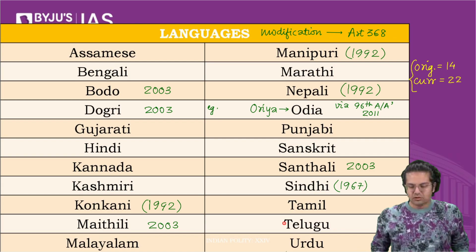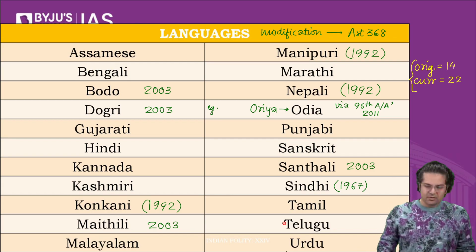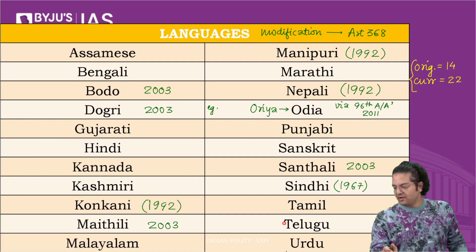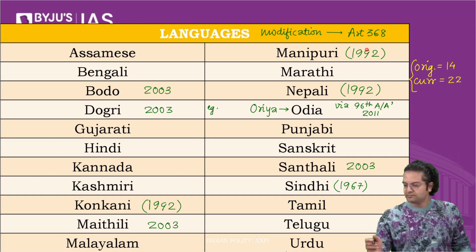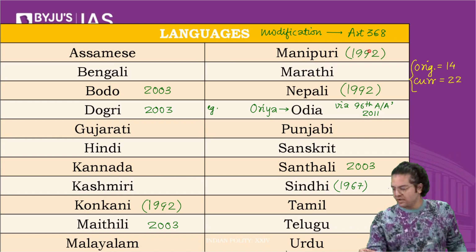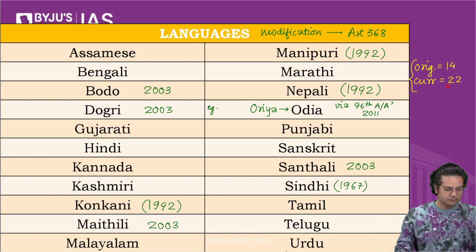No need to remember this list. Not required. Just remember that modifications can be done through Article 368 and originally 14, currently 22. Are we clear? Okay.